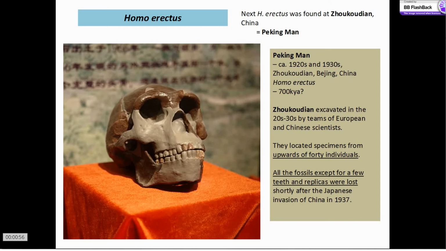They were going to be brought to the U.S., but the boat was sunk by, I guess, the invading Japanese army, and all of the original fossils found at Zhoukoudian were lost. We still have replicas, luckily. Many good replicas were made, but all the original fossils, they're somewhere in the bottom of the China Sea.